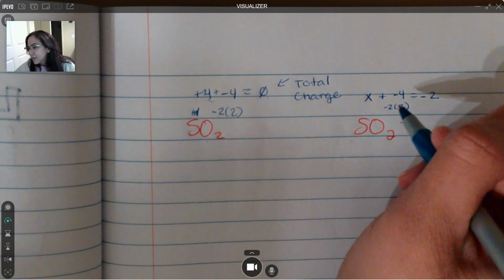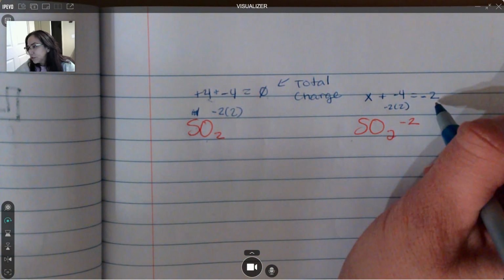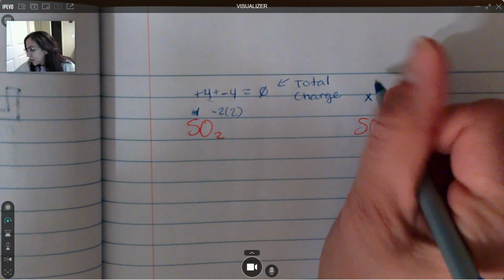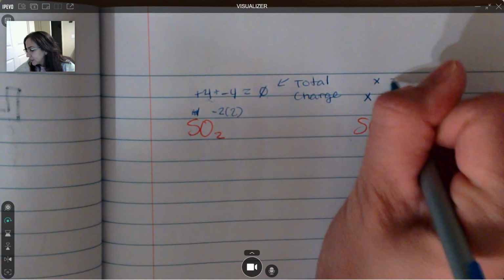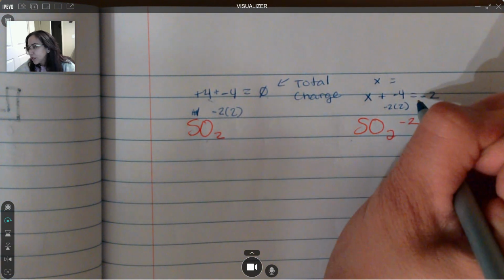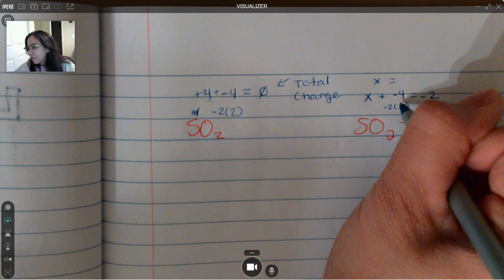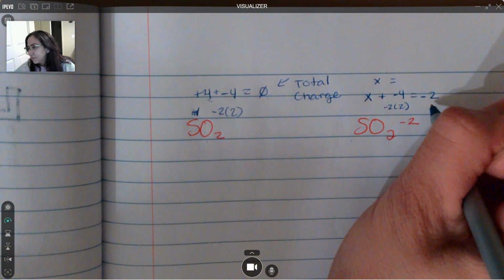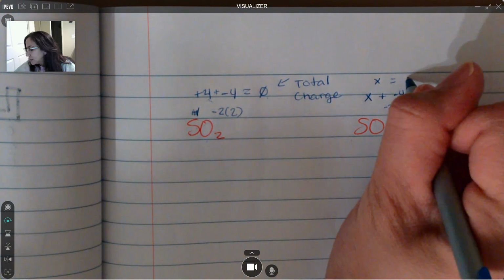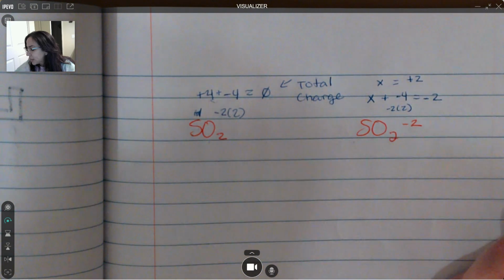To solve this problem, you're going to bring 4 to the other side. So you're going to have to add 4 to both sides, right? So 4 minus 2 is going to be a positive 2.